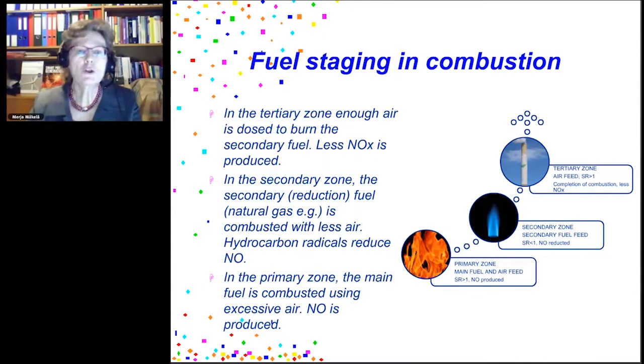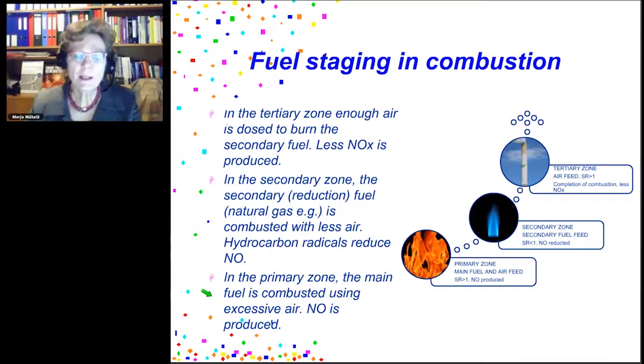We may also use fuel staging in combustion, and it looks like this. In the primary zone, the main fuel is combusted using excessive air, and it means that nitrogen monoxide is produced.